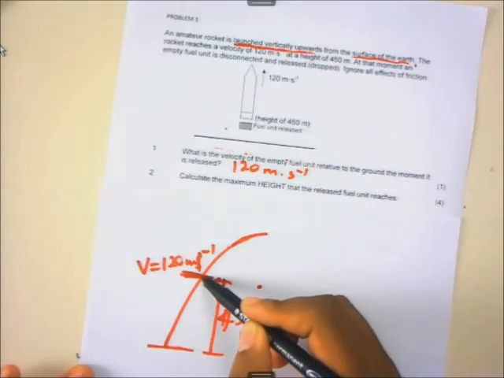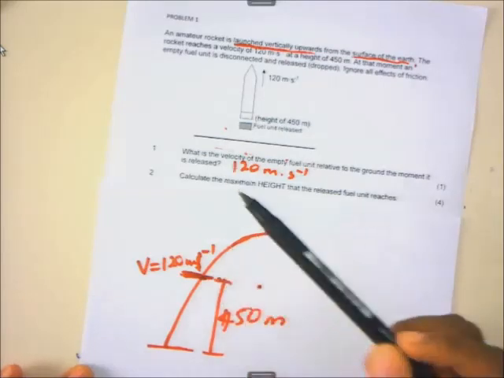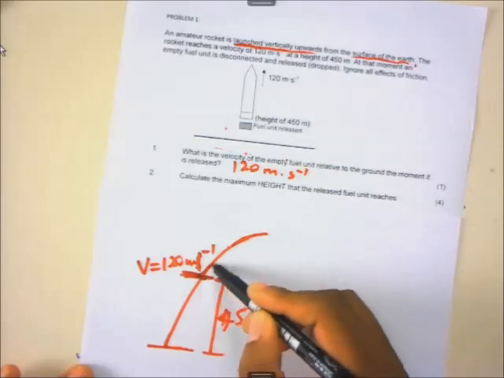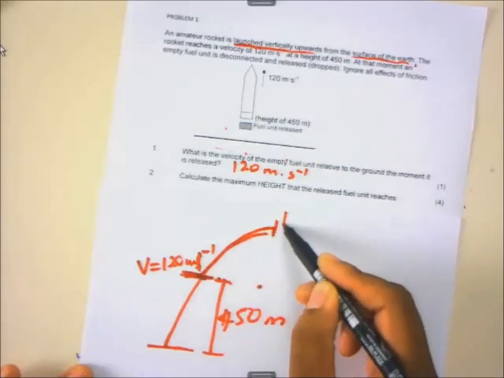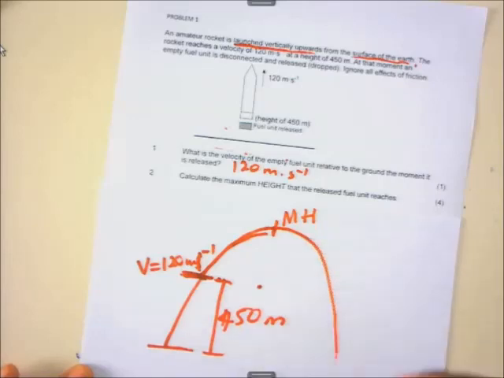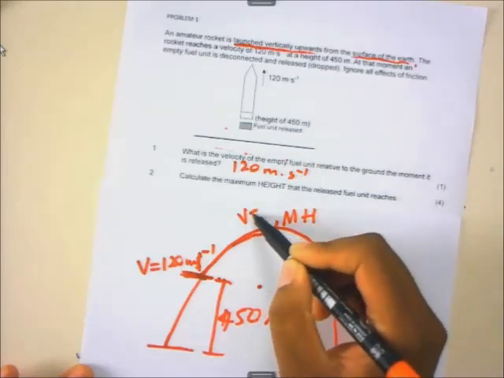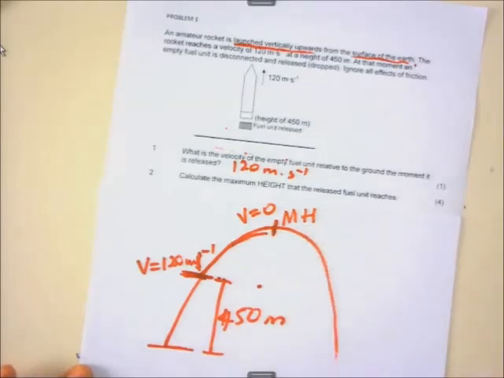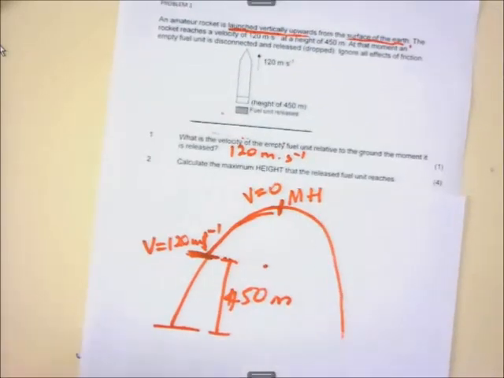But now, when the fuel was emptied, that's when it went up to the maximum height. And at the maximum height, the teacher should have told you that the velocity is equal to 0 at this point.